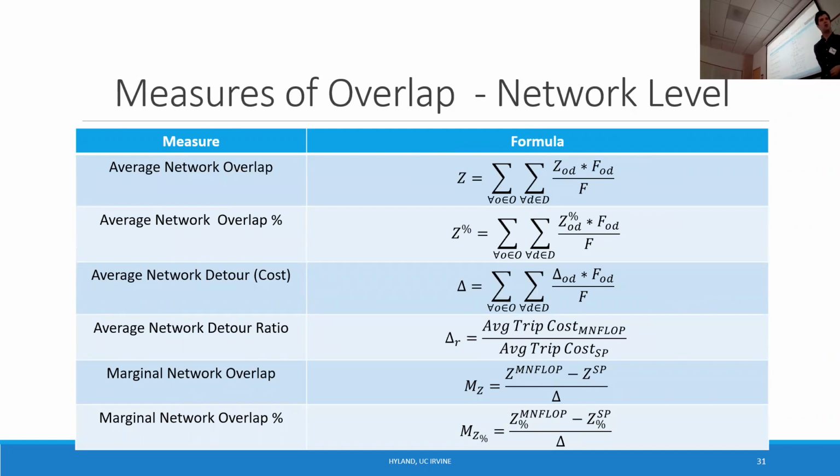So we have average network detour, where you're summing over all of the demand from all the origin destination pairs in the network. We have the detour ratio, which is the ratio of the travel costs in the maximum network flow overlap problem compared to the shortest path. And then we have these marginal network flow overlap and marginal network flow overlap percentages. Basically, all we're doing is aggregating up and considering two factors, overlap and detour.